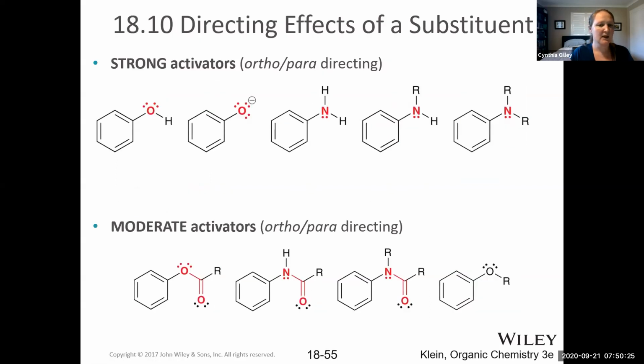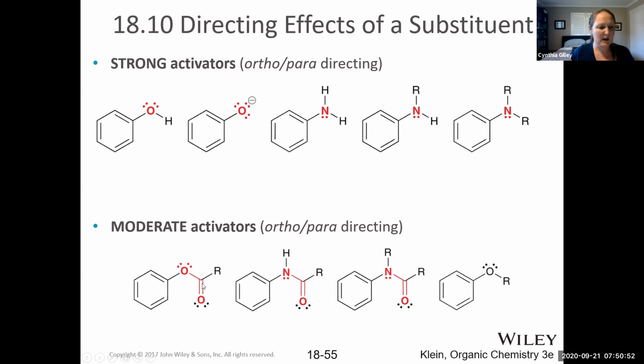The halogens do. So here are some examples of strong activators and moderate activators. If you look at the structure, think about what's the difference between the structures. All of them have an atom like oxygen or nitrogen with a lone pair on the benzylic position, right? But the moderate activators also, for the most part, have a carbonyl group outside of that as well.